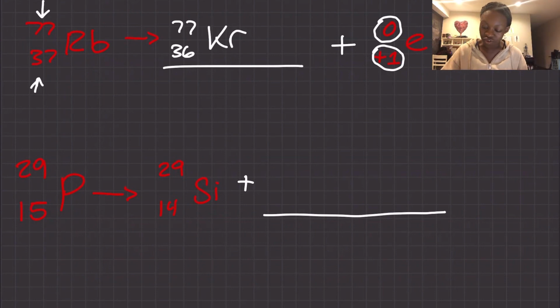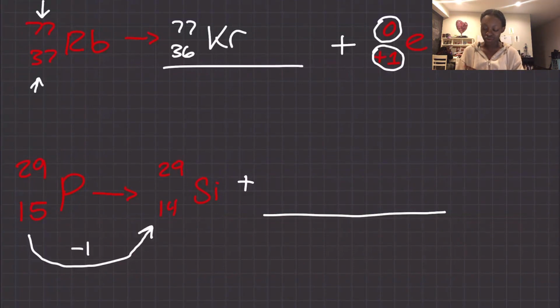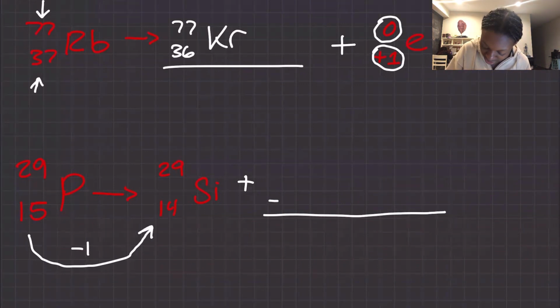We have to first observe what's happening with the atomic numbers. That's always where we start. 15 changed to 14. That means that there was a -1 happening. 15 minus 1 equals 14. So we know that the atomic number is -1. 29 didn't change at all. It stayed 29.